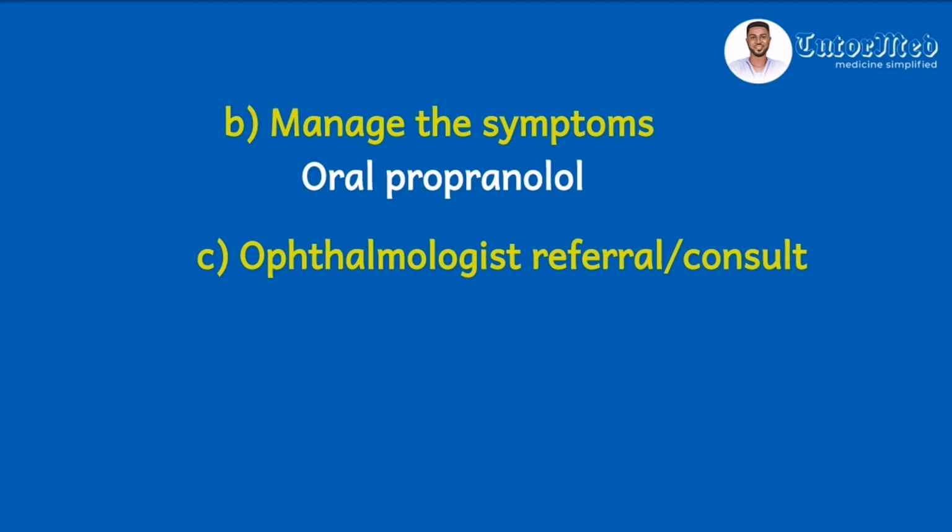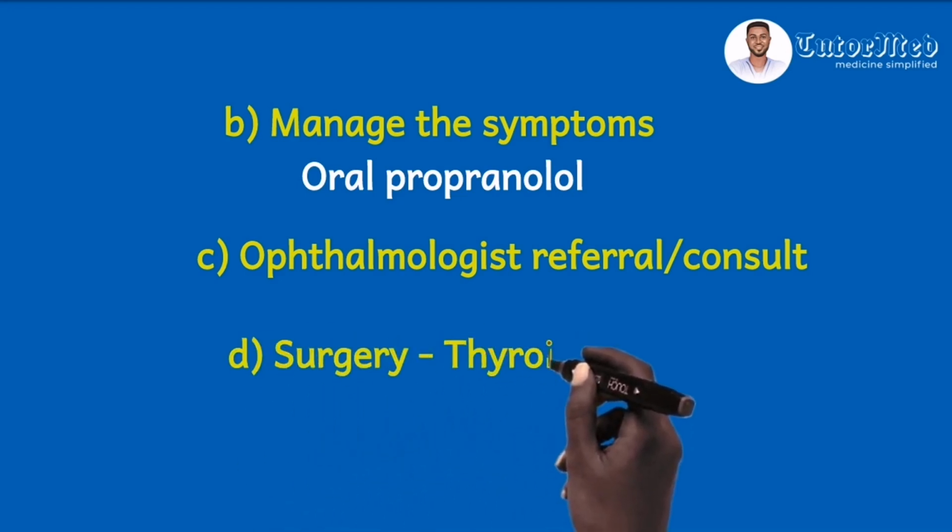It is important to note that we need to refer the patient for ophthalmology referral, because the ophthalmologist might help prevent complications like keratitis because the patient's eyes are constantly exposed, and so the ophthalmologist might request some eye drops like methylcellulose eye drops, maybe taping the eyelid so that we don't expose the cornea too much to prevent corneal abrasion. And sometimes they may use steroids for the protruded eyes. Then another option, or a last option, is surgery.